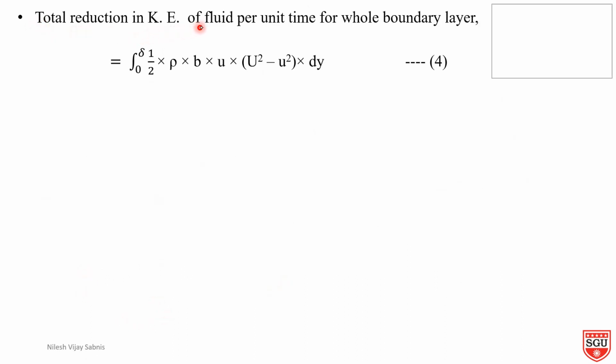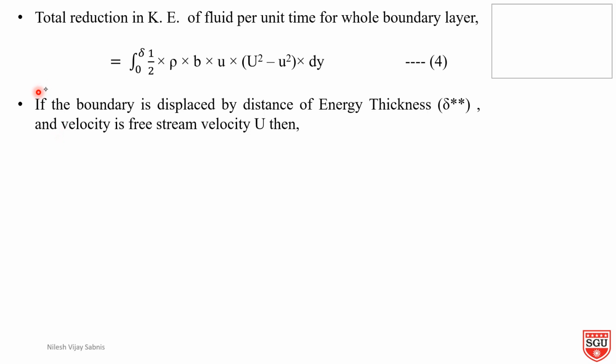Then the total reduction of kinetic energy of the fluid per unit time for the whole boundary layer will be the integration from 0 to delta of 1/2 rho b u multiplied by capital U squared minus small u squared, dy. This will be the fourth equation. Then as usual, we consider that there is a plate, but over that plate ideal fluid is flowing, and due to that ideal fluid there will not be creation of a boundary layer, so kinetic energy will be more.